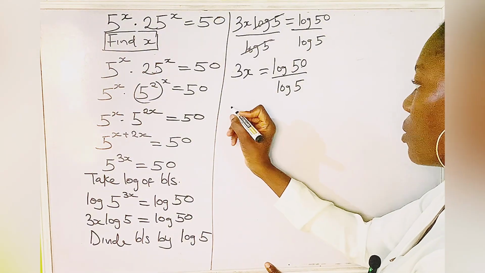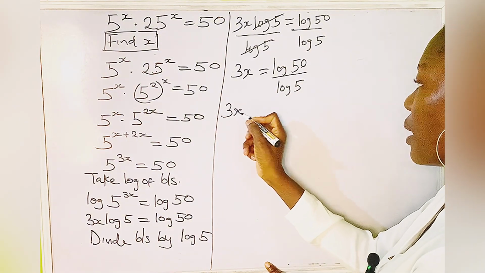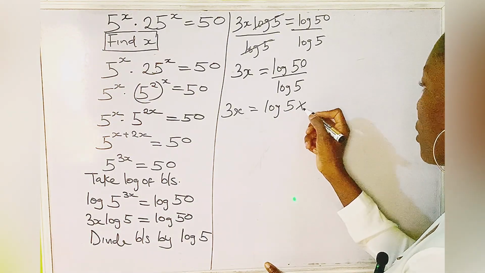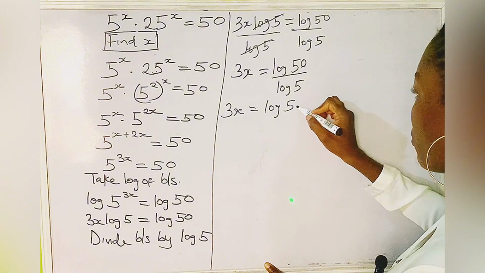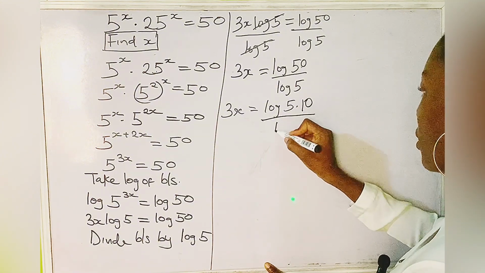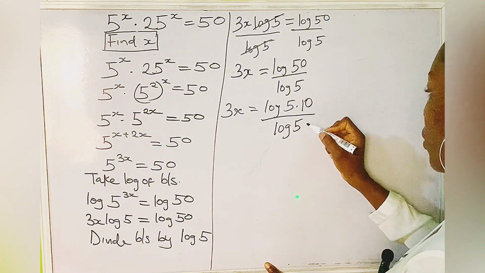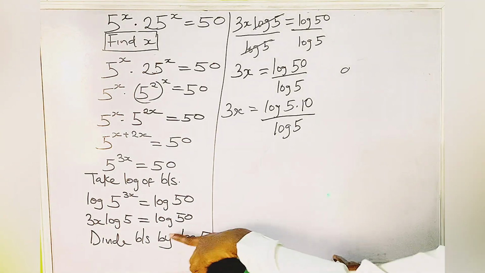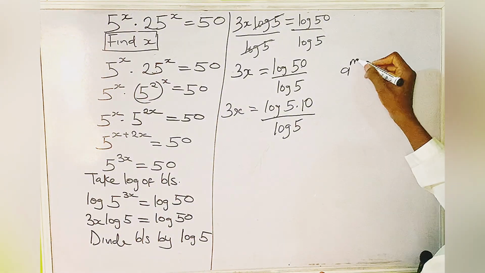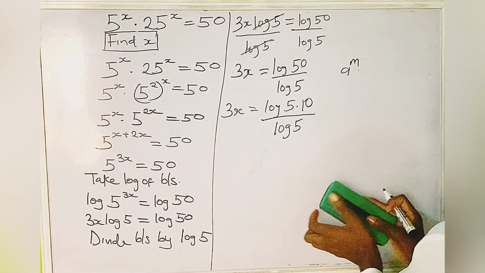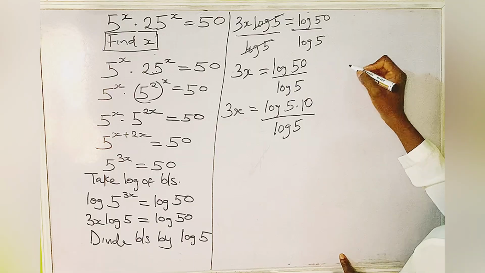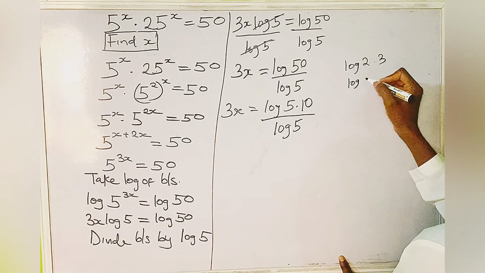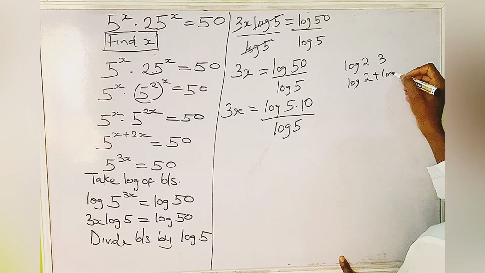Now we can rewrite 50 as 5 times 10. So 3x is equal to log of 5 multiplied by 10, all over log 5. We have a rule that log of 2 multiplied by 3 is the same thing as log 2 plus log 3.